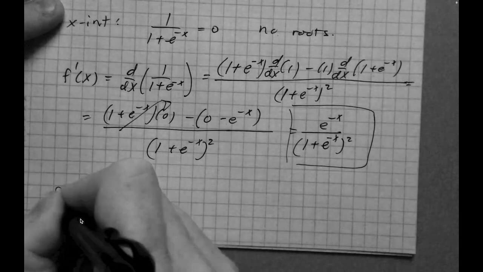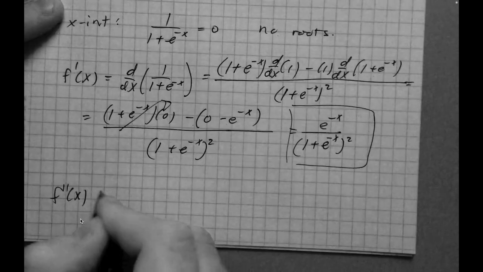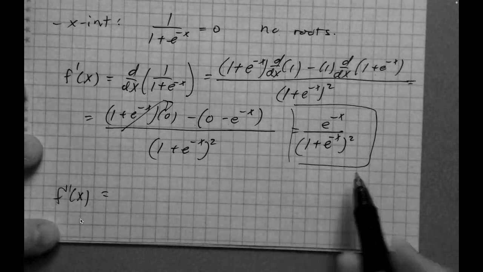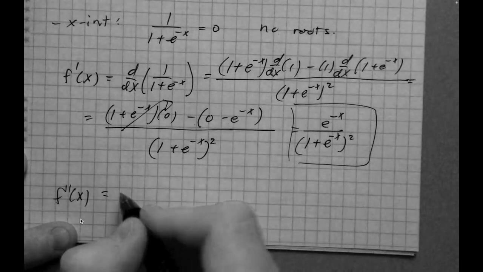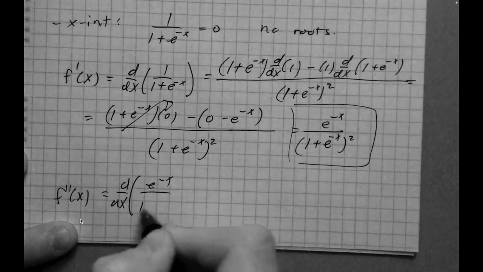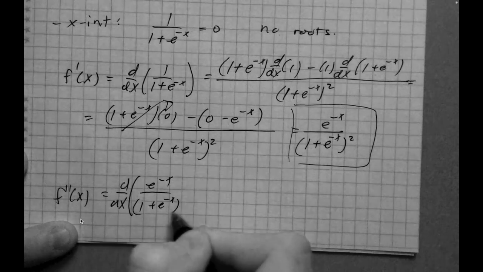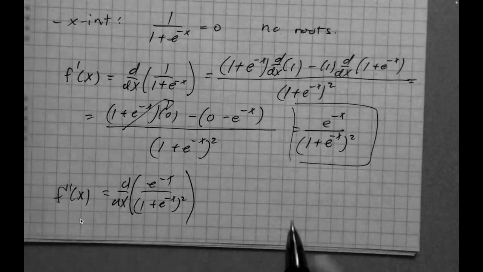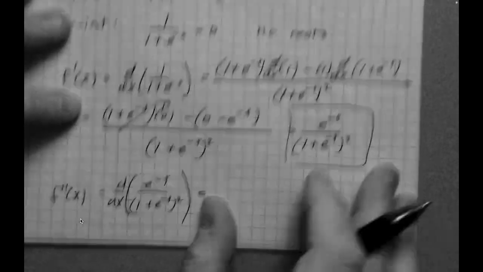What about the second derivative? Well, it's going to have the same kind of moves here, right? So d/dx of e to the negative x over 1 plus e to the negative x, squared. So I'm going to switch pages here. I'll just expand this nicely so we can see it.